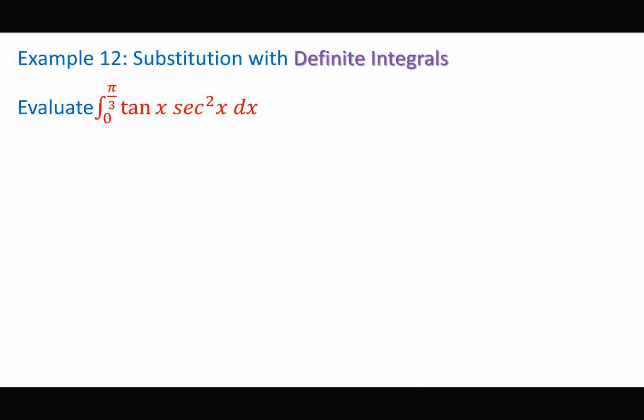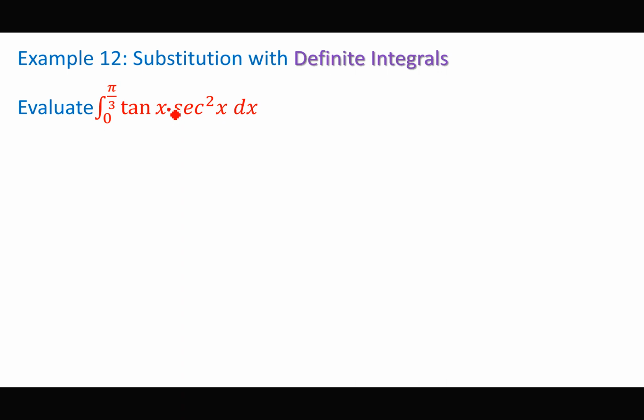So if you had this one, an integral from 0 to pi over 3, tangent of x times secant squared of x times dx, we can integrate this using u substitution. If this was a with-calculator problem, plug it in your calculator and go. But I could give you one like this that is a no-calculator problem, and we could still do it without a calculator.